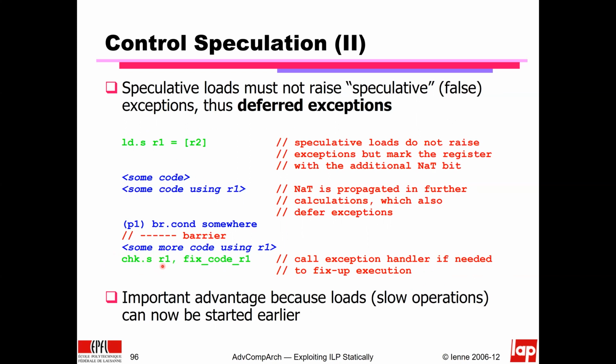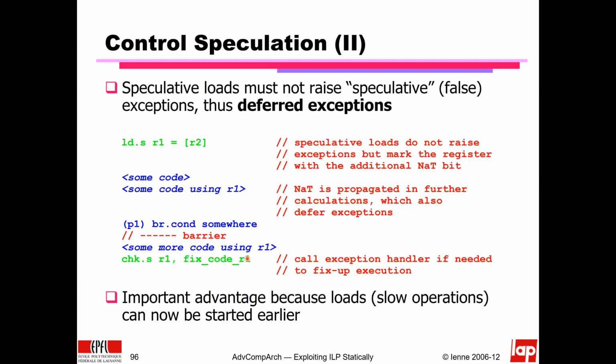And if it is set, it goes and calls some fix-up code. So I'll give you a few seconds to think. I hope the mechanism is clear, right? I do advance the load, but now if the exception should have been reported, I'll discover it by going and executing a piece of code.